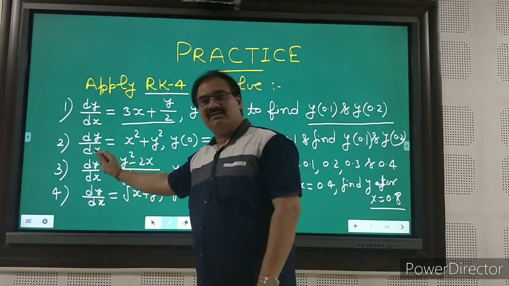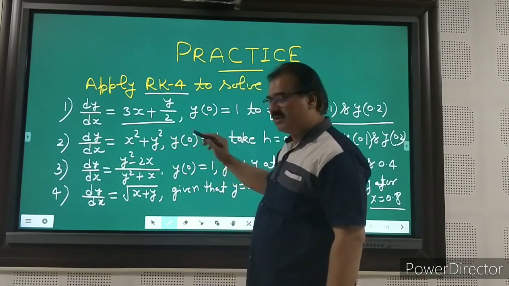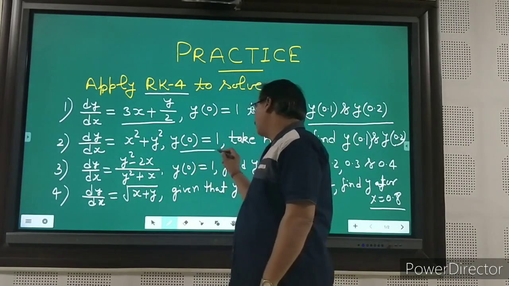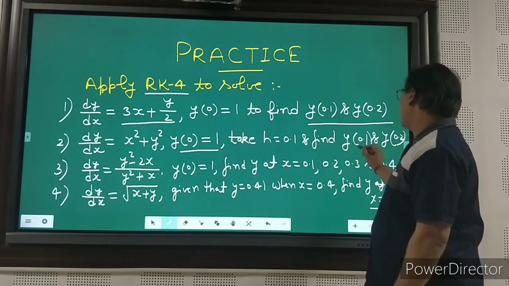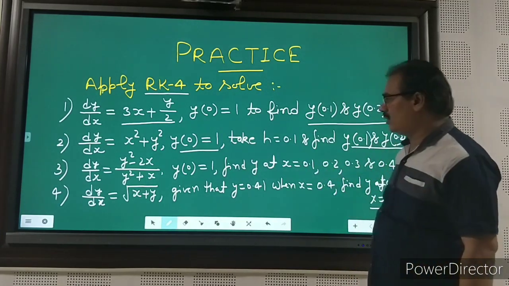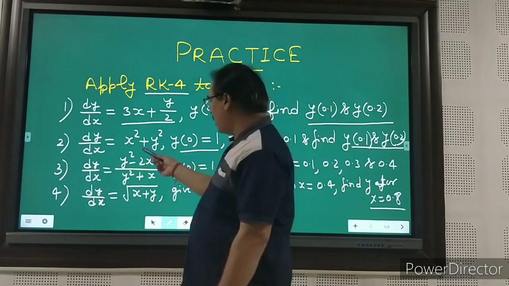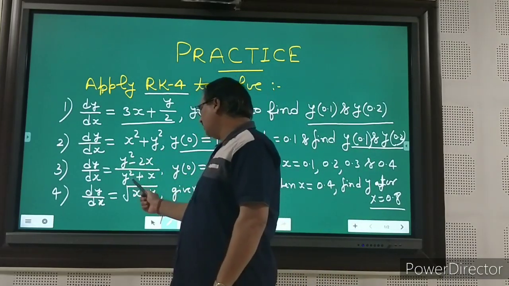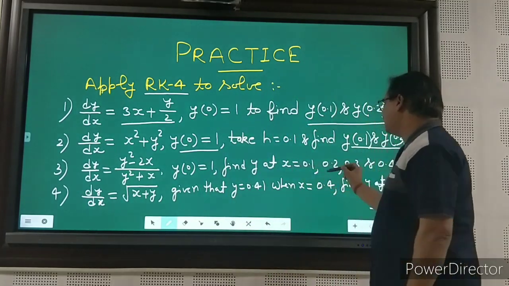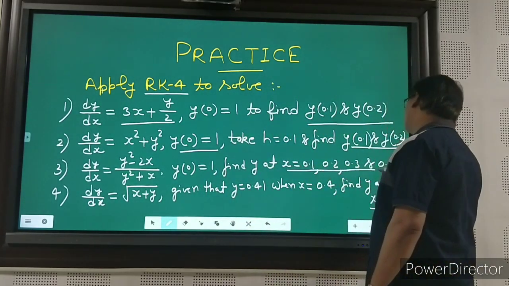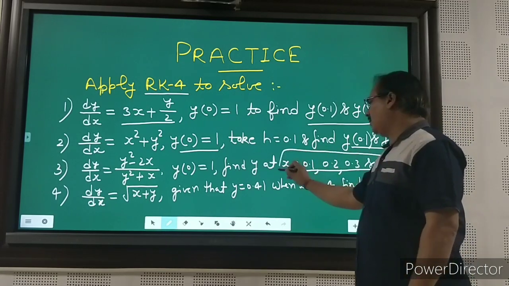The second is dy/dx = x^2 + y^2, where y0 = 1, and take h = 0.1, and find y at 0.1 and 0.2. The third problem is dy/dx = (y^2 - 2x)/(y^2 + x), y0 = 1, then find y at x = 0.1, 0.2, 0.3 and 0.4 for your practice.